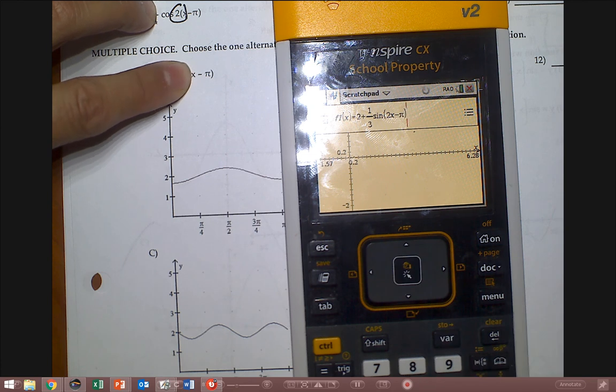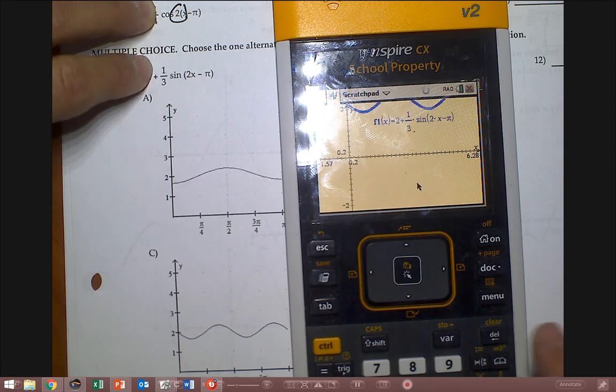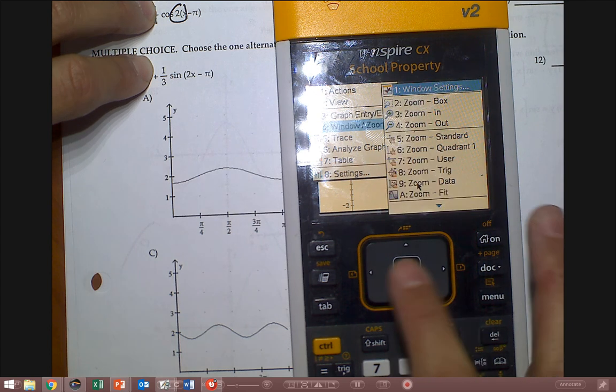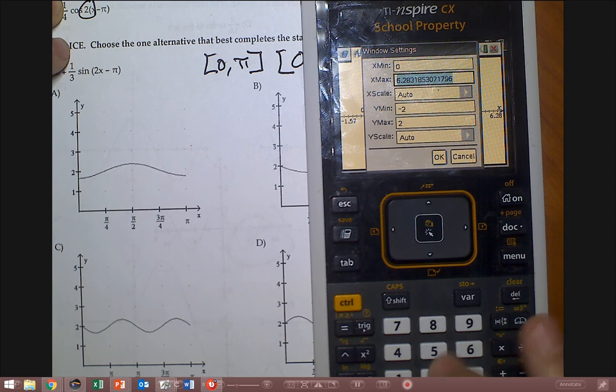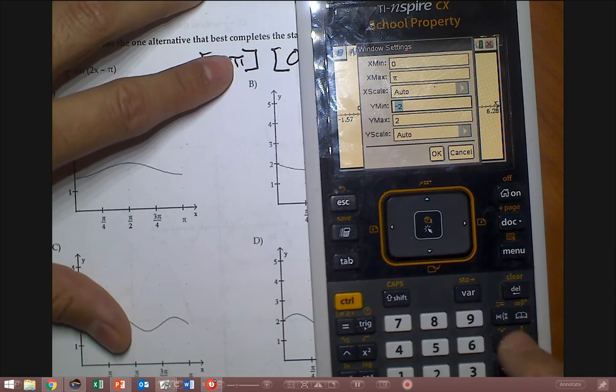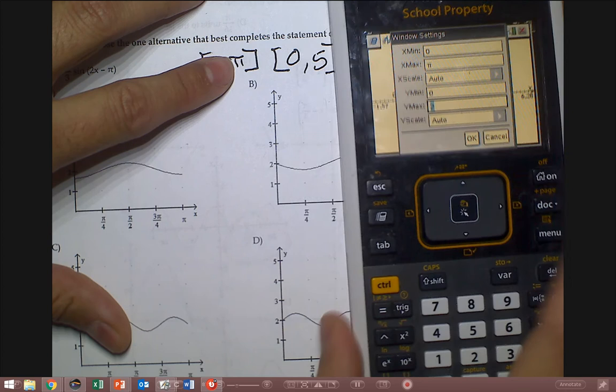Close it. Enter. Change my window. It's supposed to be from 0 to pi, and from 0 to 5.